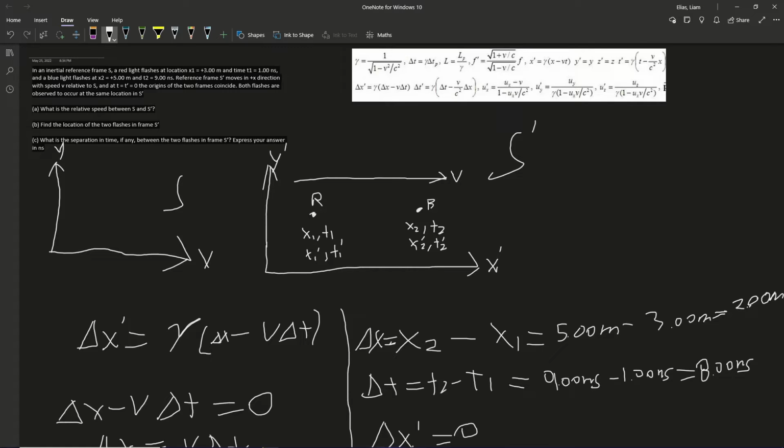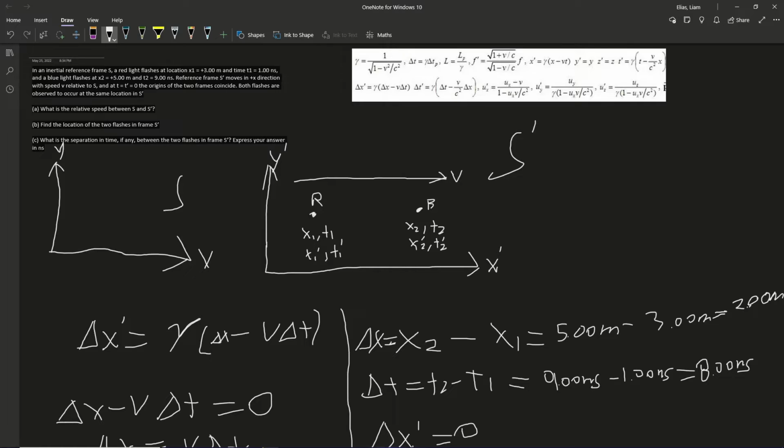Basically, the difference between these two equations is that this deals with two different events happening at two different locations, and usually a change in time too.